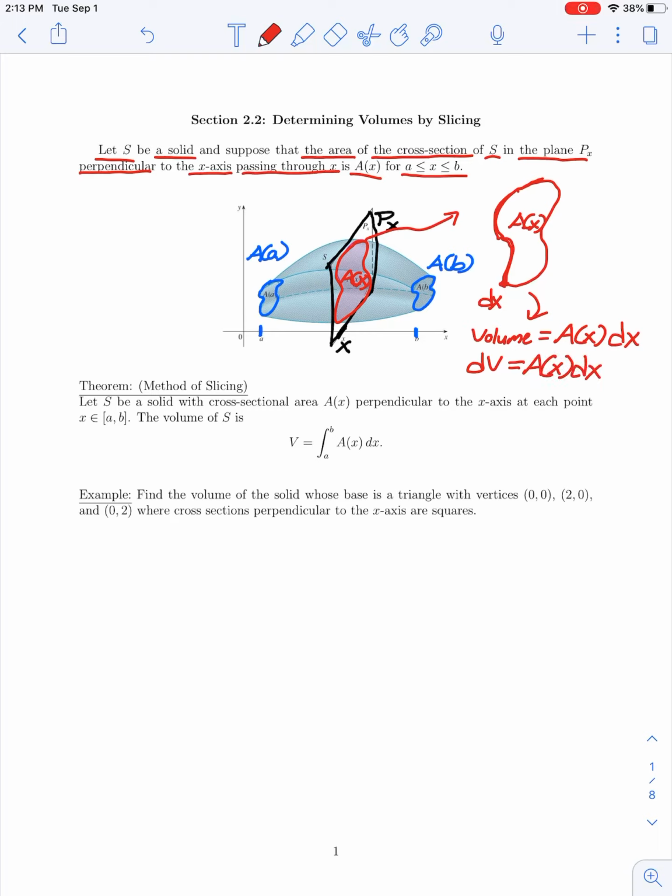So if we want to find the entire volume of this solid, well, I would need to add up the volumes of each of these little cross-sectional slices for all values of x ranging from A to B. So this process of adding up small slices of very thin width is the process of integration.